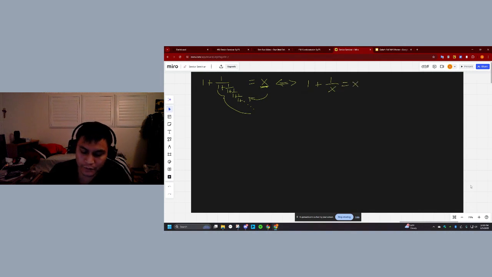So now we have a really nice algebraic equation we can manipulate and then fairly easily solve for x, and that's what we're going to do. So we're going to multiply both sides by x to take the x out of the denominator over here. So that's going to look like this.